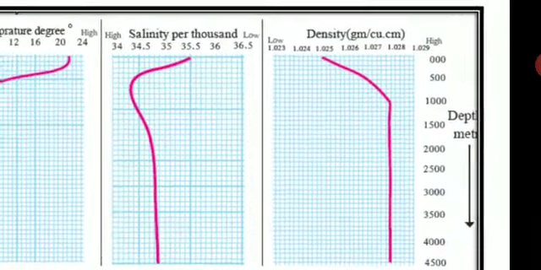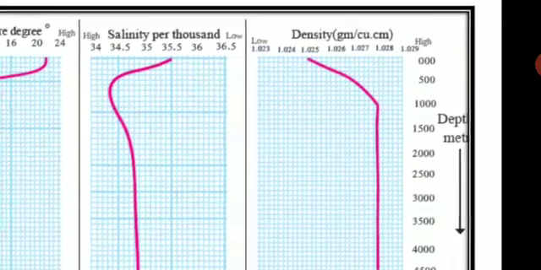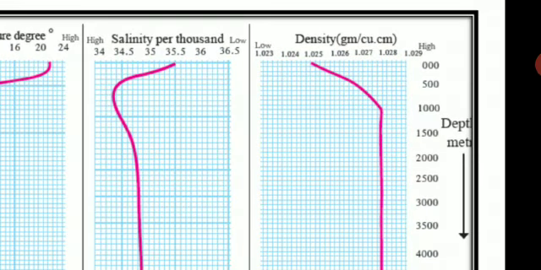Now we'll see the density, shown in grams per cubic centimeter. Here you will find the density at the surface is 1.035. As we go deep inside the sea, as the depth increases, see what happens to the density.